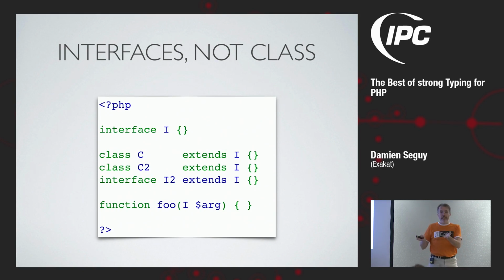It may be a mock object because you want to use that later as a test. It may be a new version or a compatibility migration. And if you are actually type-hinting against a concrete class, then whatever evolution this class has will have an impact on whoever is using the class or extending it.